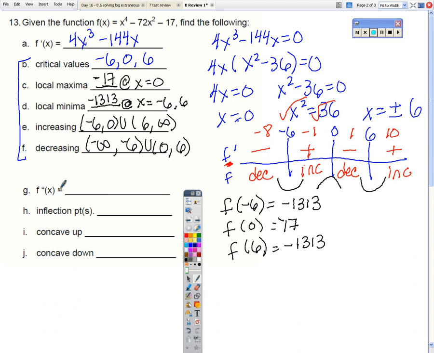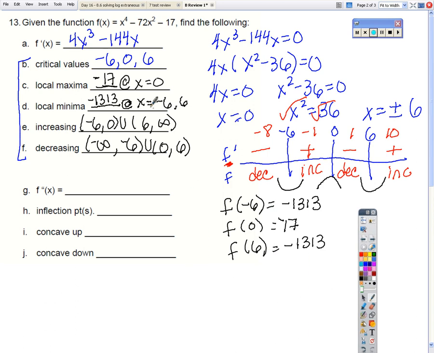We're going to repeat a similar process to find the inflection points in concavity, but we need the second derivative for that. So I'm going to take the derivative of my first derivative. I get 12x squared minus 144. So now to find these key values, I have to set my second derivative equal to 0 and solve.